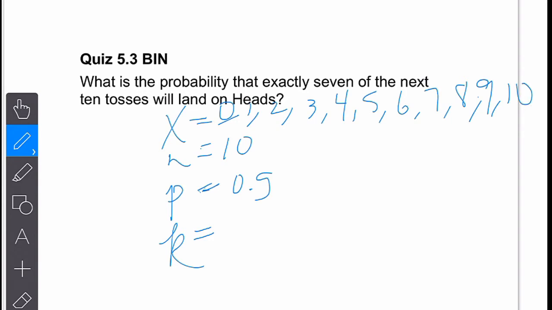And what I want out of all those possible probabilities is just exactly 7. So I'm going to calculate exactly 7, and that's what I'm going to solve for using the binomial formula. Okay, so I'm not going to finish it, but that's how you would do that one.